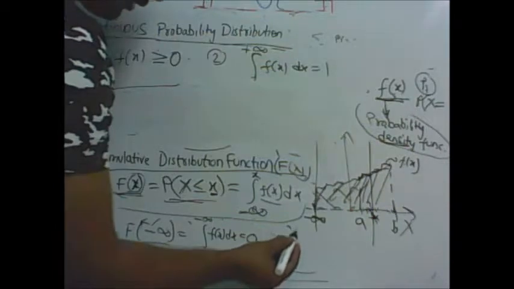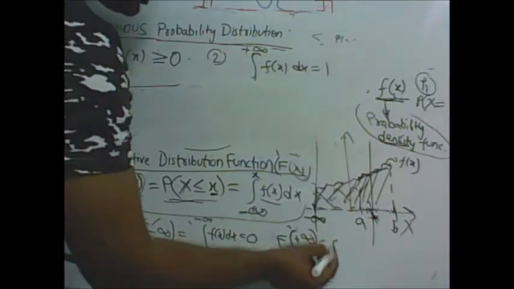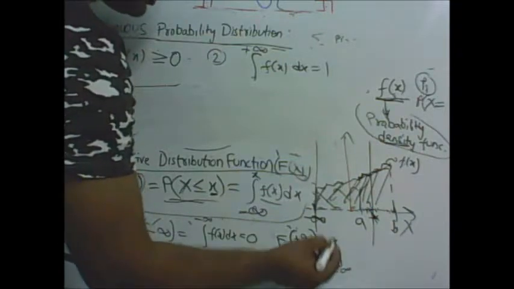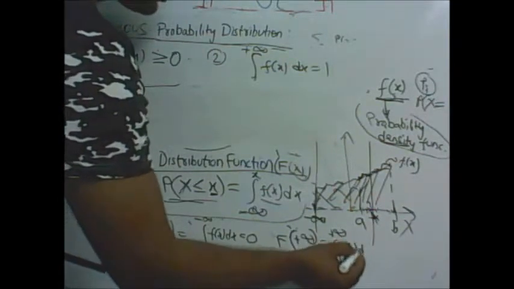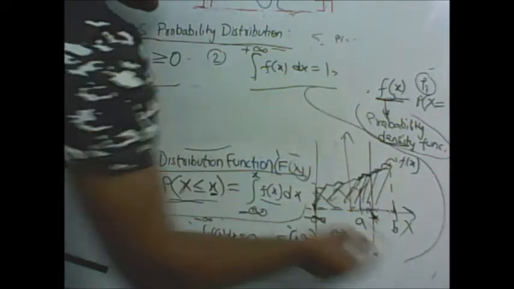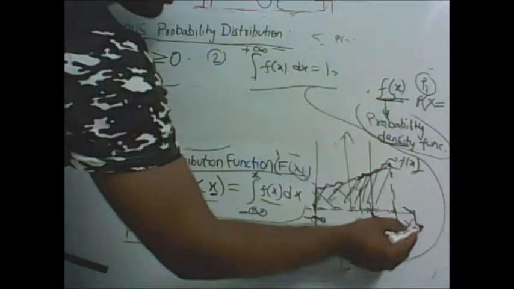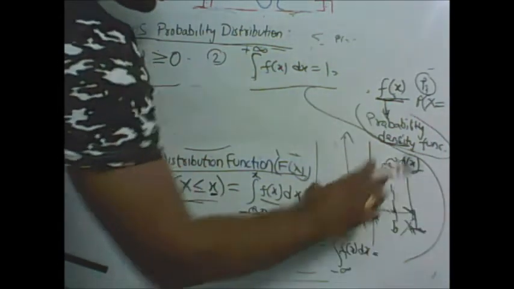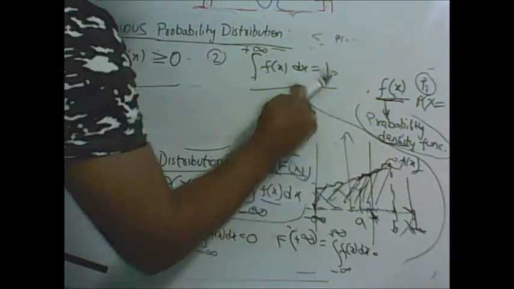So F of minus infinity is 0. Now F of plus infinity is the integral from minus infinity to plus infinity of f of x dx, which is the total area under the curve. Total curve area will always be 1.